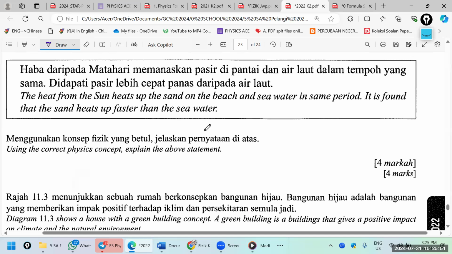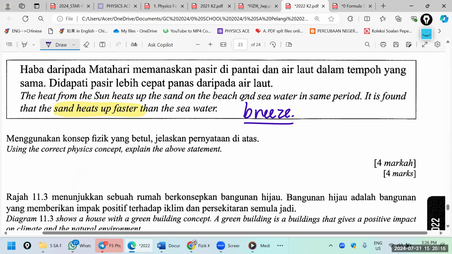Okay, I read your answer. Most of you are very good. So the key actually is here. I also advise you to highlight the sand and heads up faster. Did they say anything about freeze?